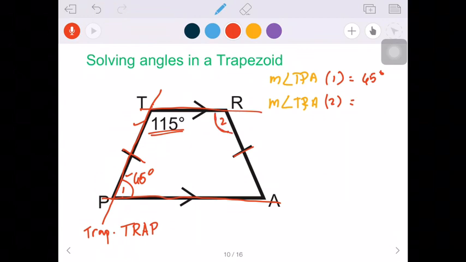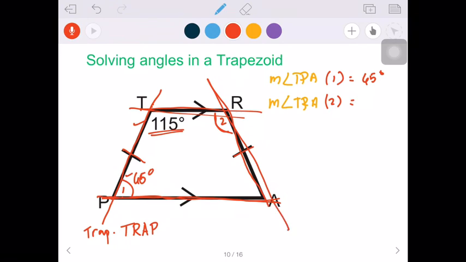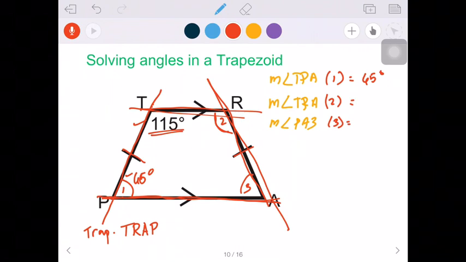Now, let's ask the help of our parallel lines. So if these are parallel, again, this one would actually become its transversal. But in this case, the angle that we're supposed to relate it to should be this angle, which is in this case our angle 3, the measure of angle PAR. So what do you think would be the measure of angle 2?